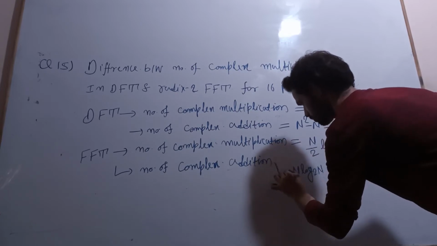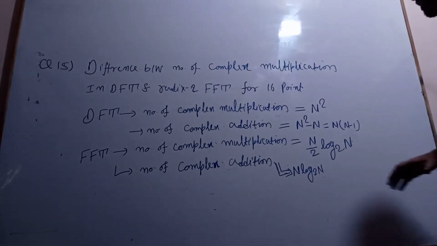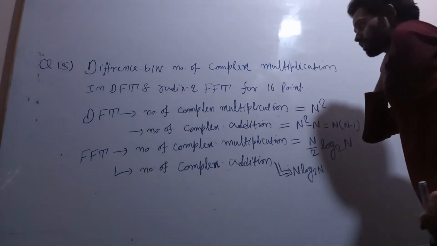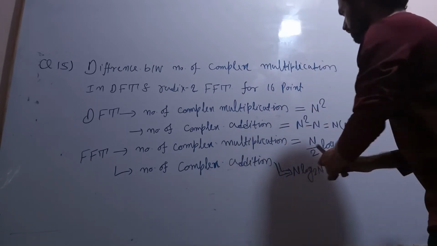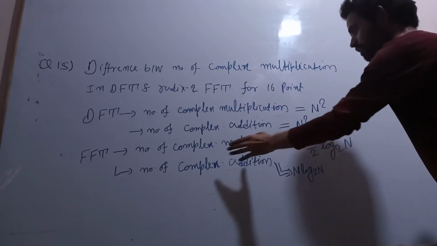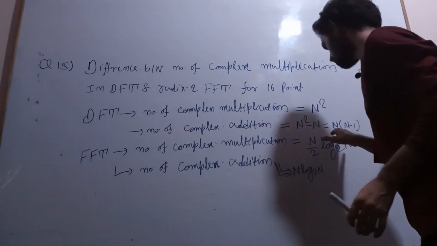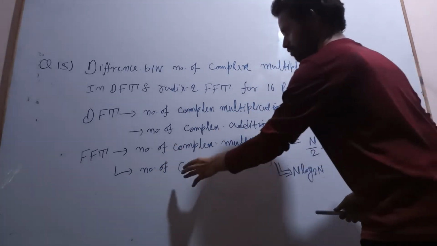Yes, n log base 2 n. Okay, so we have to remember this result. This is a direct result: multiplications in DFT n square, complex additions n square minus n, complex multiplications for radix-2 FFT n by 2 log base 2 n, and complex additions for FFT n log base 2 n.